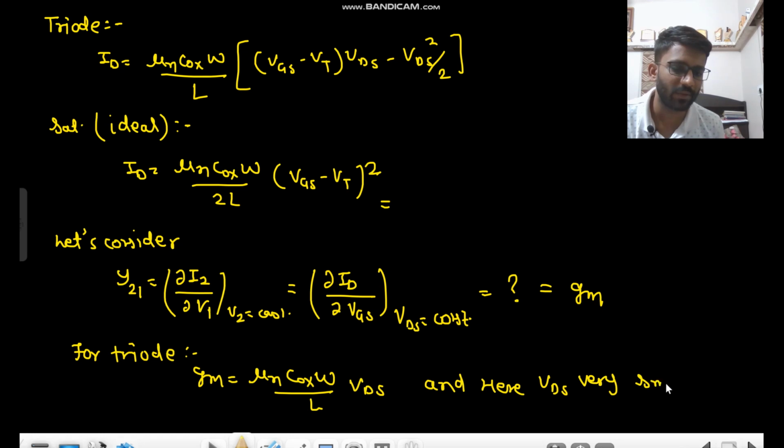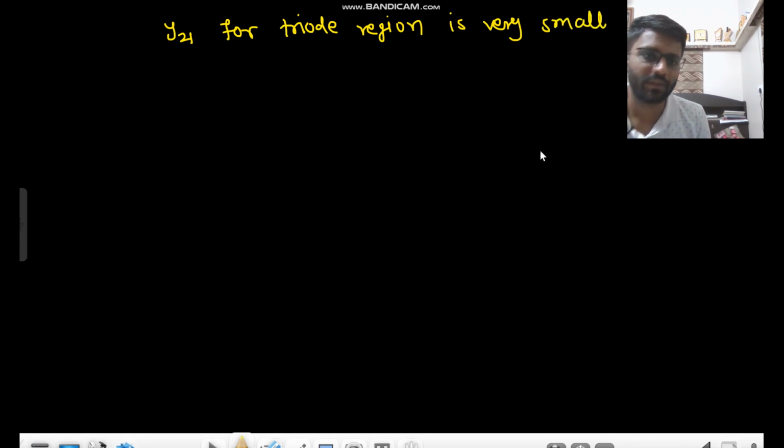So VDS is very small. That implies what? gm is very small. So that shows that Y21 for triode region is very small, right?